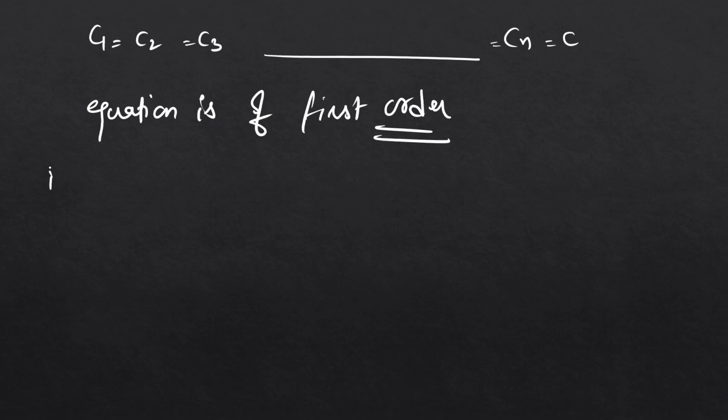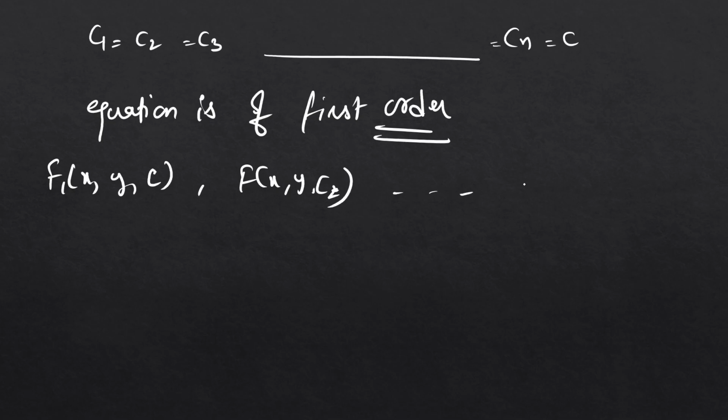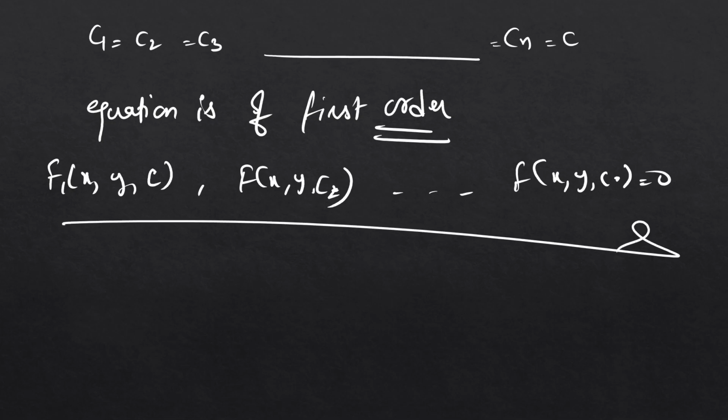So what is the solution? It is f1(x, y, c) f2(x, y, c) up to so on fn(x, y, c) equal to 0. This is known as the solution of a differential equation which is of higher degree and first order.